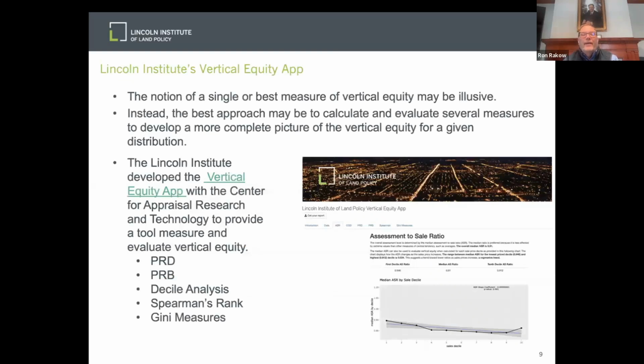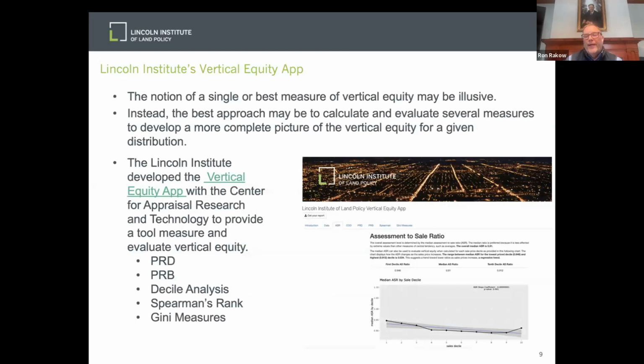So one of the things that I think we're trying to convey in this presentation and in the app itself is that the notion of having a single or best measure of vertical inequity may be elusive. Instead, the best approach is really to calculate several measures and develop a more complete picture of the vertical equity of the distribution.